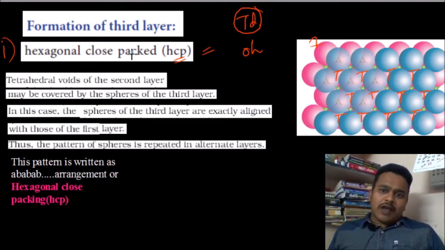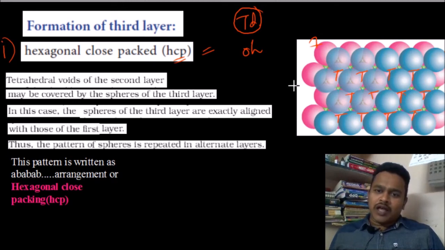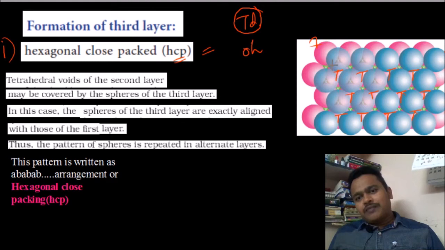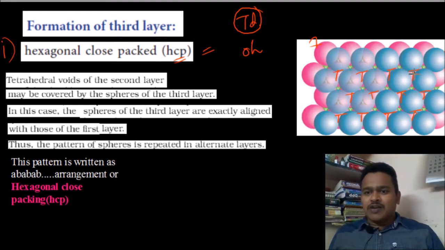Hexagonal close packing. First layer over, second layer over, third layer I want to make so that wherever these tetrahedral voids are there, we are going to fill with the other set of spheres.